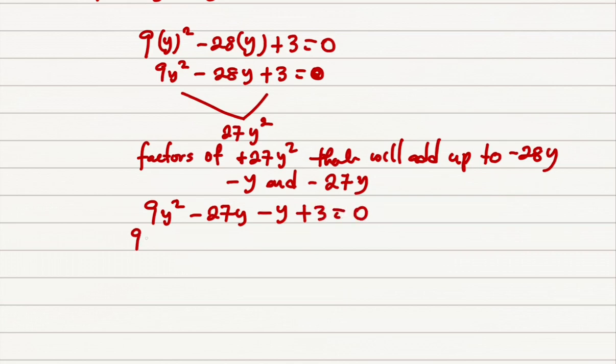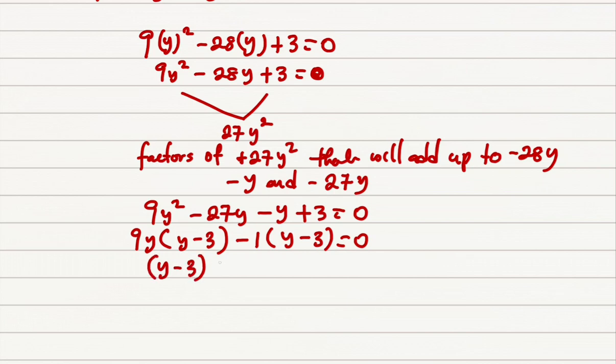I have 9, then y is common, so I have y minus 3, then minus, since nothing seems to be common, 1 is a universal factor, so I'm going to bring it out. So you're going to have y minus 3 is equal to 0. So I have y minus 3, factorize it further, then 9y minus 1 is equal to 0.